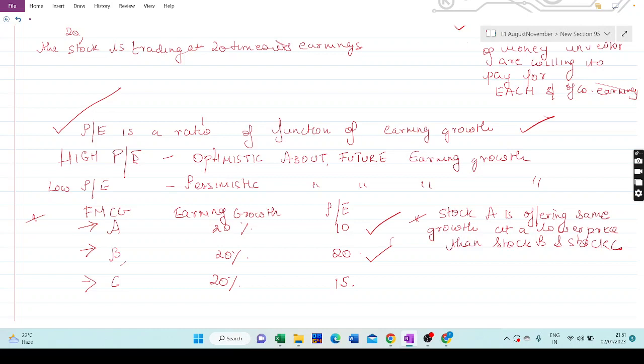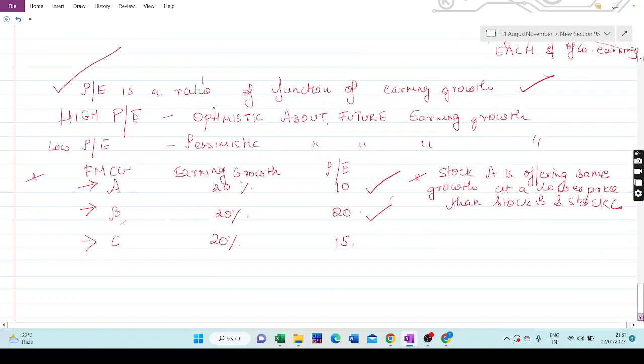So we'll say stock A is undervalued, cheaper, relatively inexpensive. This is how the PE ratio can be used to identify which stocks are undervalued and which are overvalued.